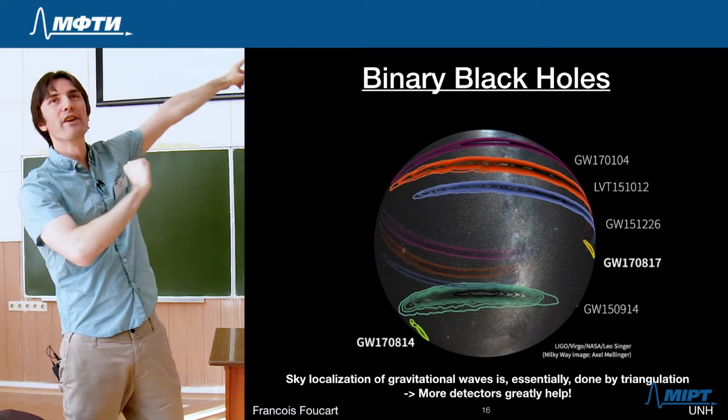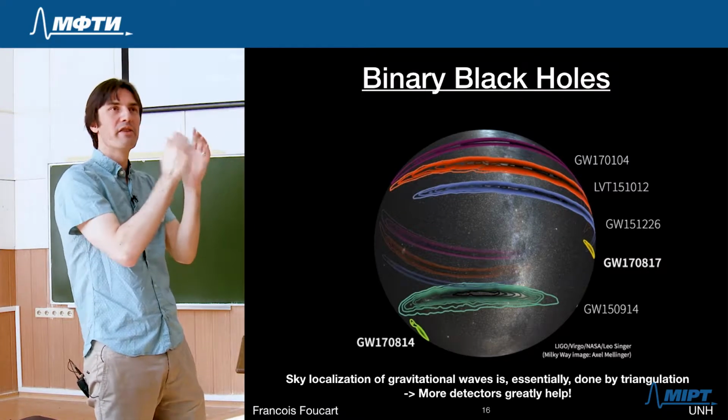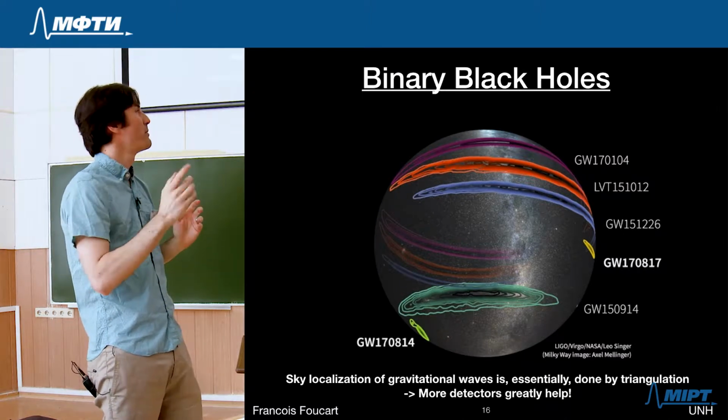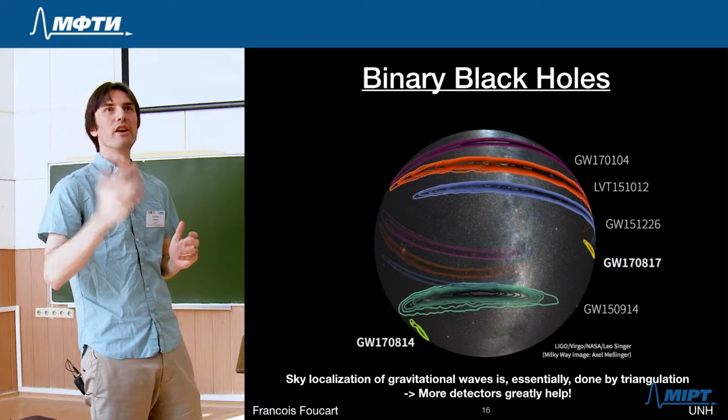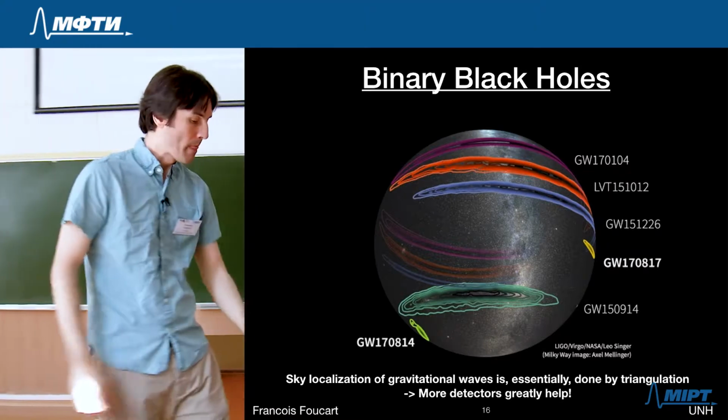It's only when we get Virgo online that the error bars decrease. And they would decrease even further if we had KAGRA or LIGO India. Both of them give much better constraints on the localization if combined with LIGO and/or Virgo.